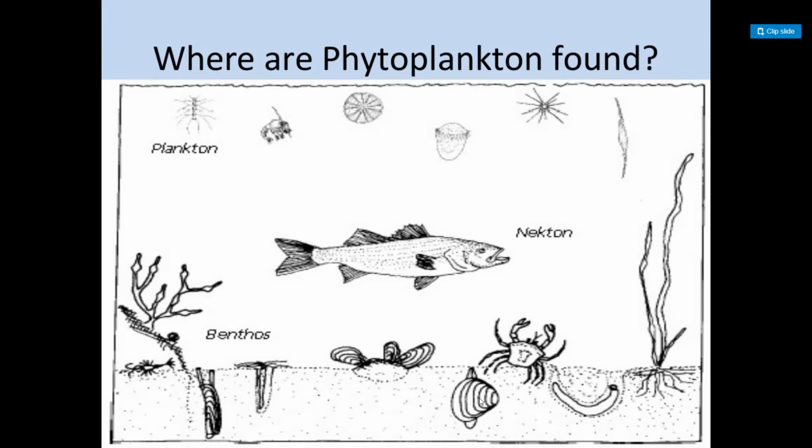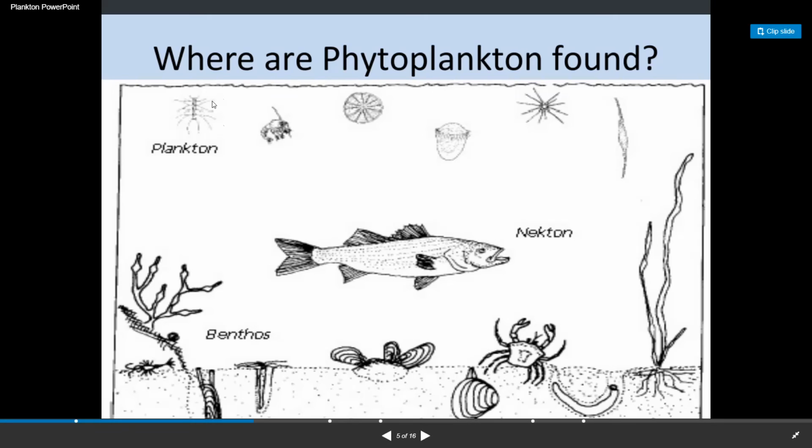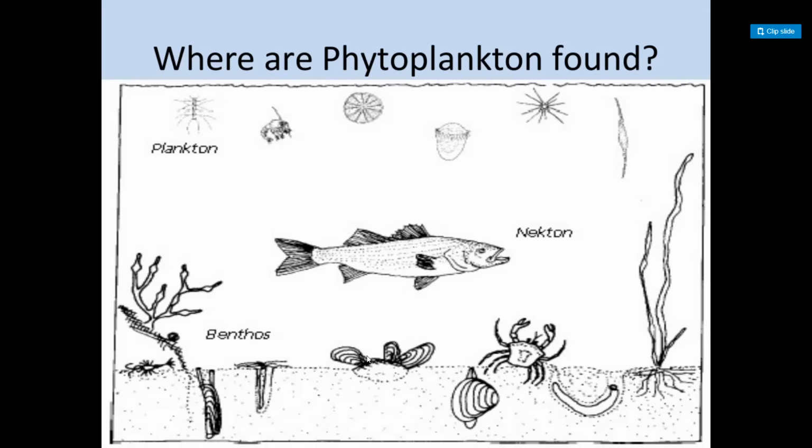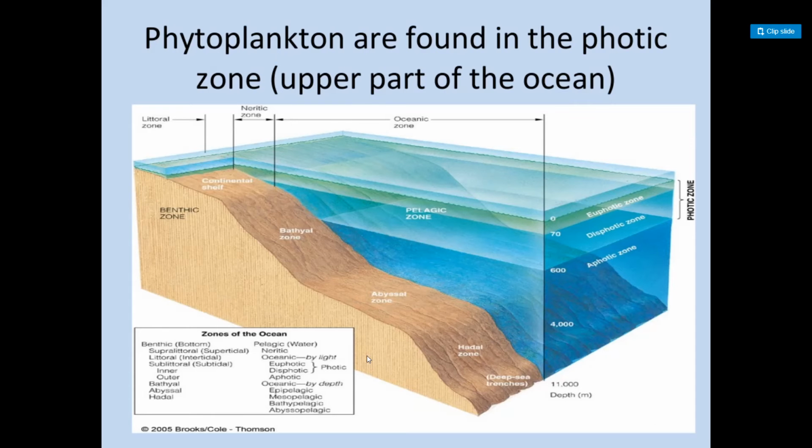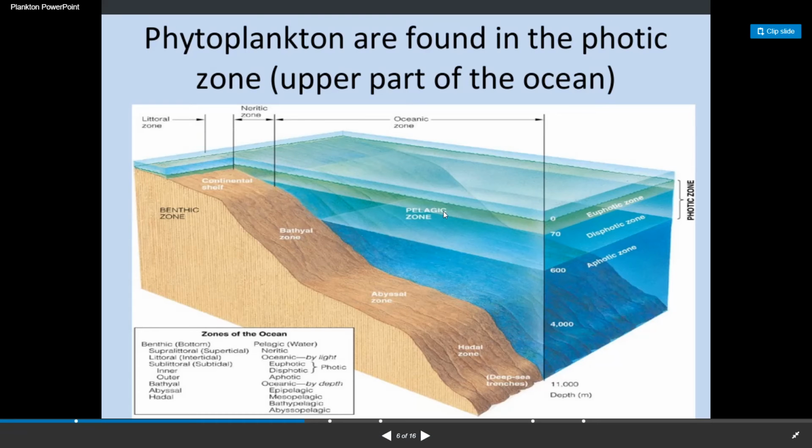So where are phytoplankton found? You have plankton up near the surface, then you have nekton in the middle, and you have benthos at the bottom. Benthos always means bottom. It always means next to the sand. Phytoplankton are found in the photic zone, or the upper part of the ocean.